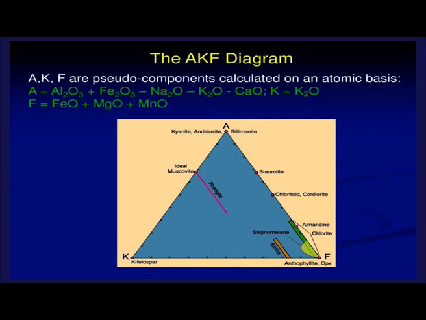Assuming the substitution between the trivalent cations Al and Fe3+, Eskola combined Al2O3 plus Fe2O3 as one component and designated it as the A component. Eskola gave equal importance to K2O, which served as the third component in this AKF diagram. The above three components are used by Eskola to present the mineral assemblages of metamorphic rocks of different phases.